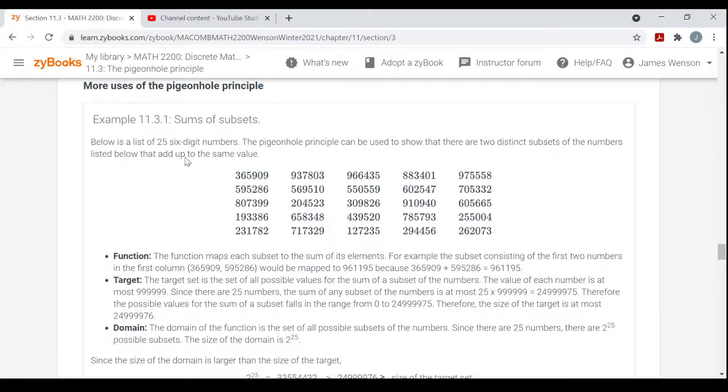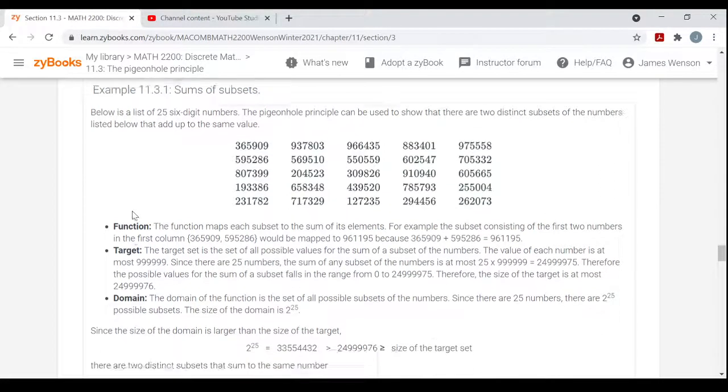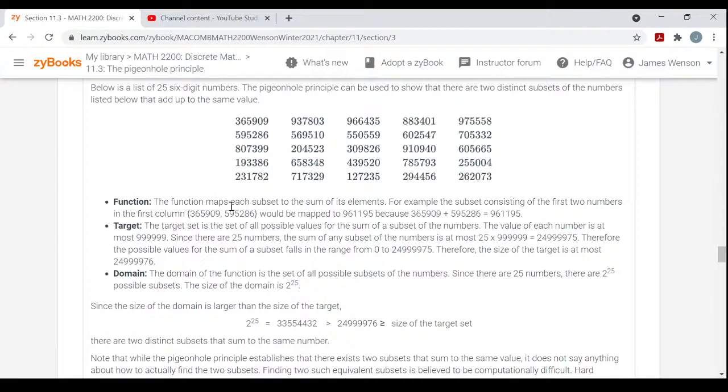So you could use this pigeonhole principle to take these 25 6-digit numbers and show that it's guaranteed that there are two different subsets of numbers, so maybe these 4 and these 5, that add up to the same value. So here, the function maps each subset to the sum of its elements. For example, the subset consisting of the first two numbers in the first column, these two here, would map to 961,195, because that's their sum.